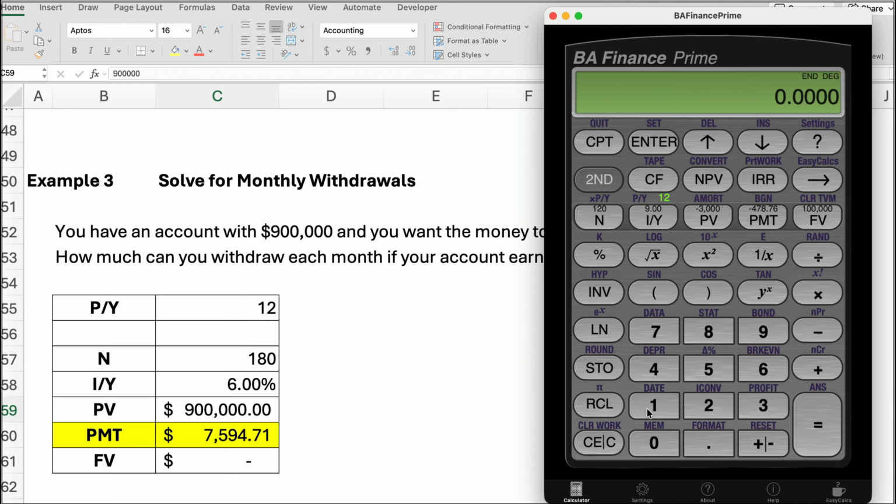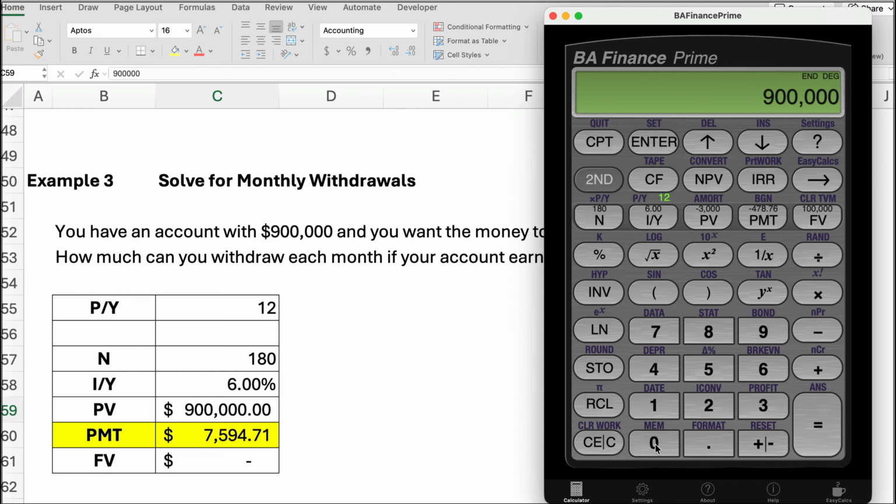And then I need 180 months. Well, I can take 15 times the 12 and get 180, and that's the number of periods. 6% is the interest rate, 900,000 is going to be the present value. Now, if I enter this as positive, my payment will come out negative.